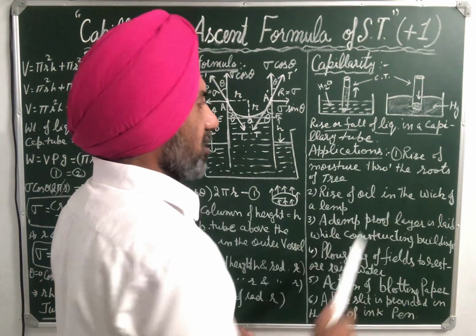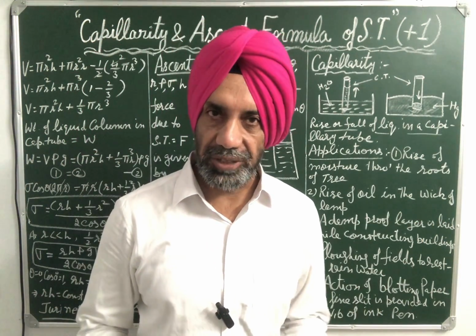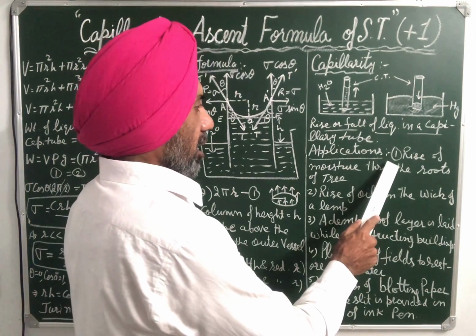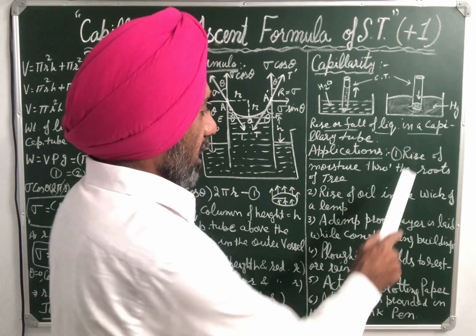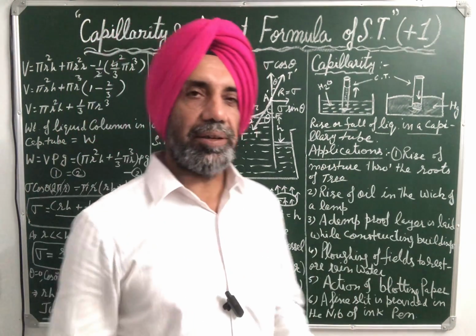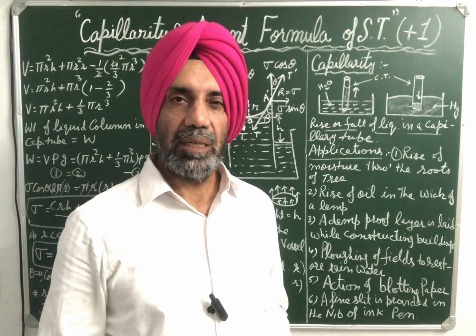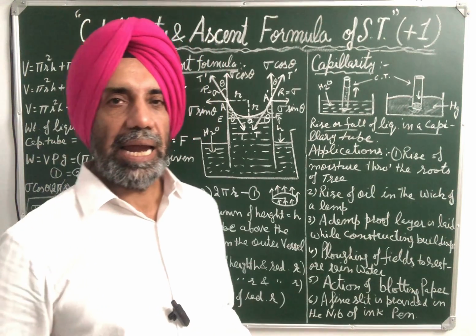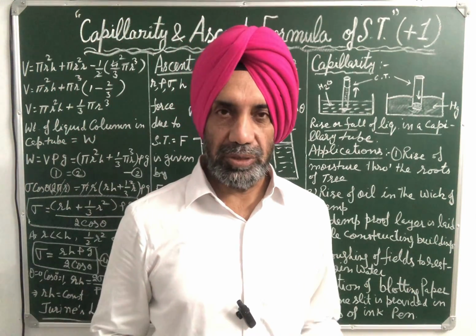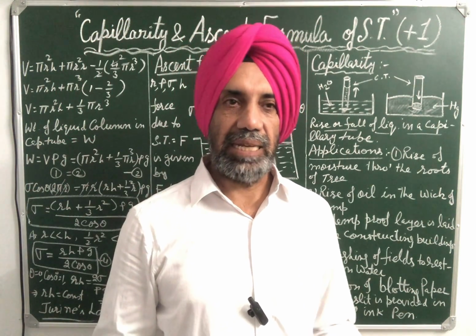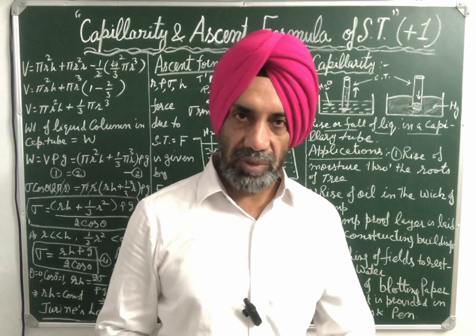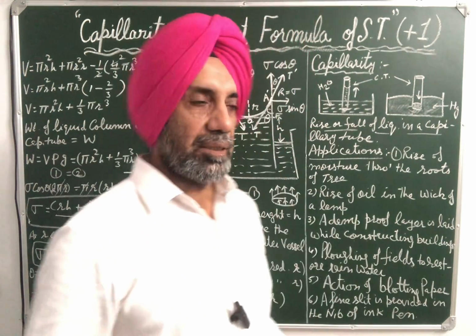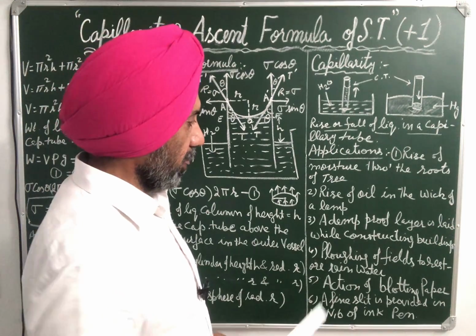Now there are so many applications of this capillary action. First application, rise of moisture through the roots of the tree is due to capillary action. So roots of the tree act as capillary tubes, and that's why moisture rises from the ground into the tree.